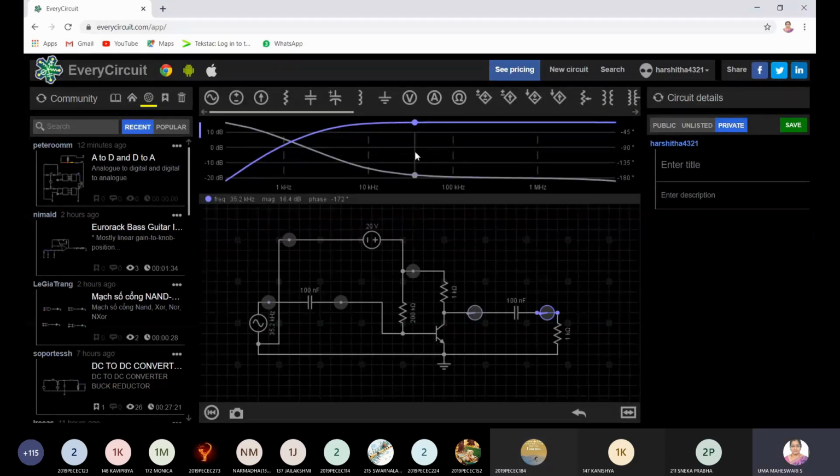So if I move the cursor left hand side until I get 13.4 decibel, this is your lower cutoff frequency. So I'm getting 13.4 decibel. What is your lower cutoff frequency? 4.29 kilohertz.